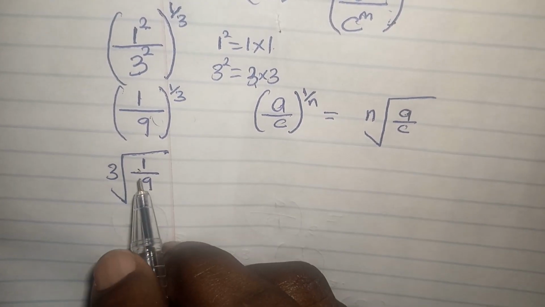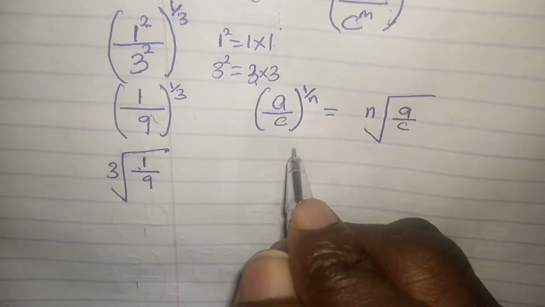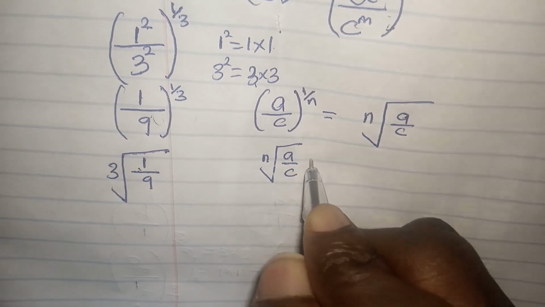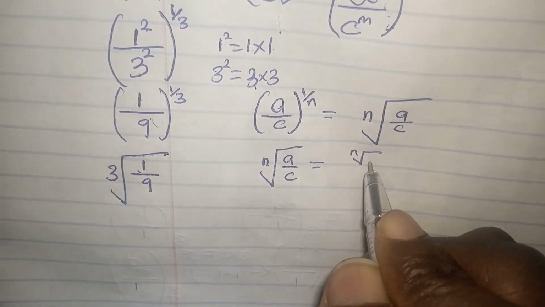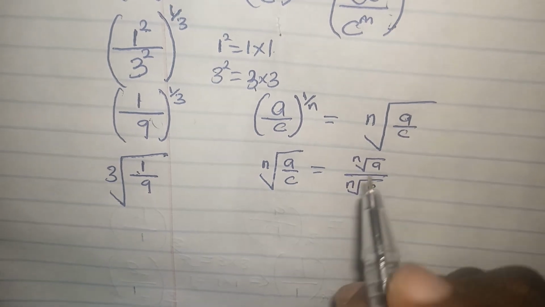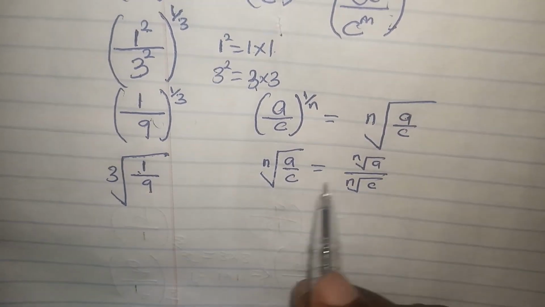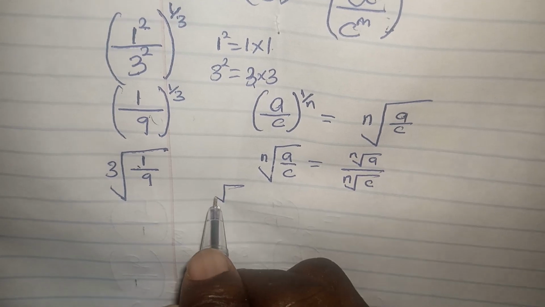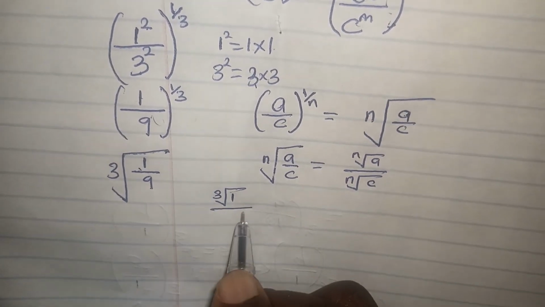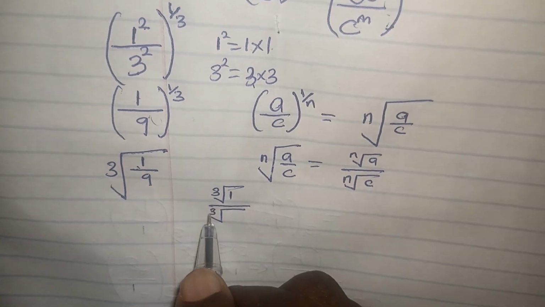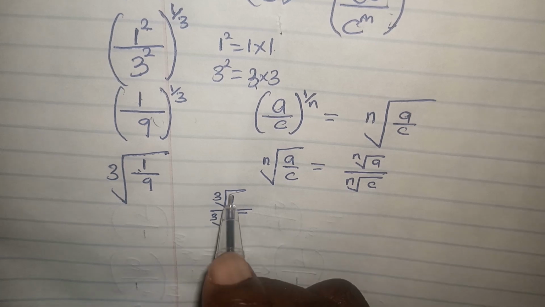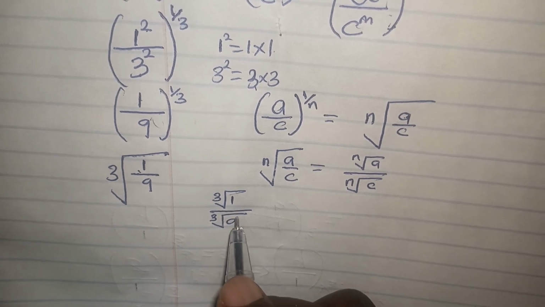Here we are going to apply another rule which says the nth root of a over c is also equal to the nth root of a over the nth root of c. If we put this principle here, we have the cube root of 1 over the cube root of 9.